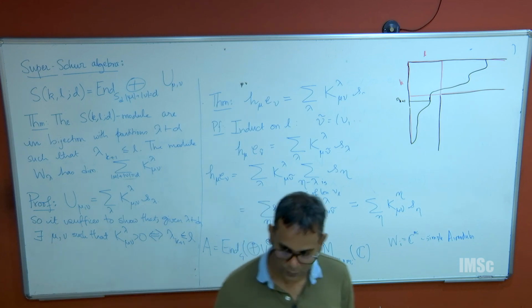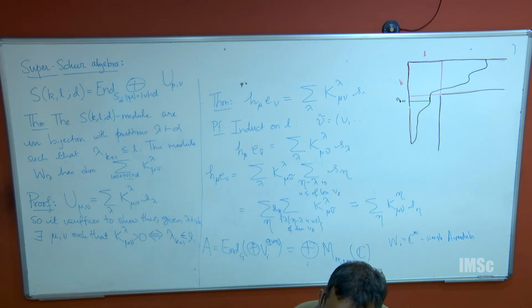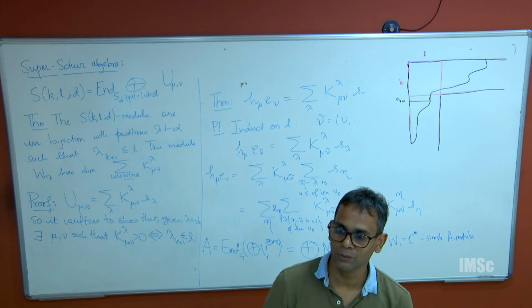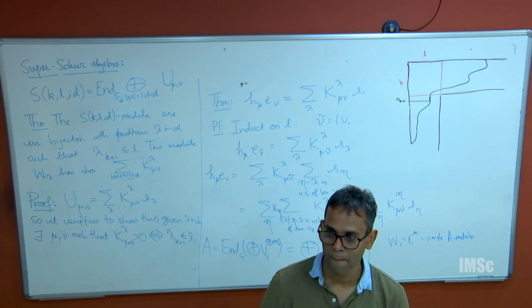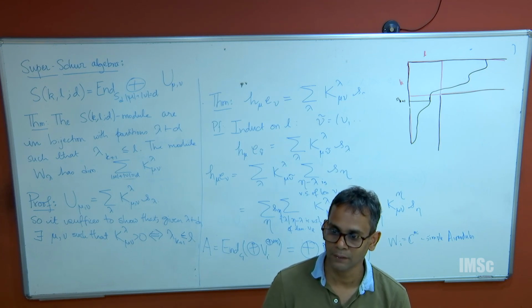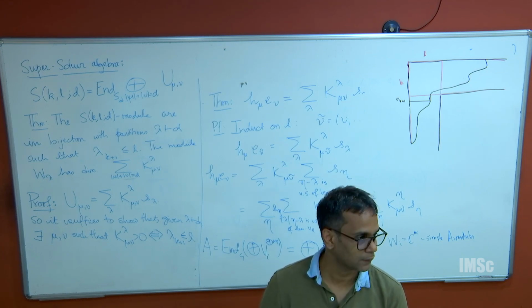There is no restriction on, there is a chat from, so Satish says one could think of H mu E nu as a skew Schur, is that right? So is this a Littlewood Richardson coefficient?